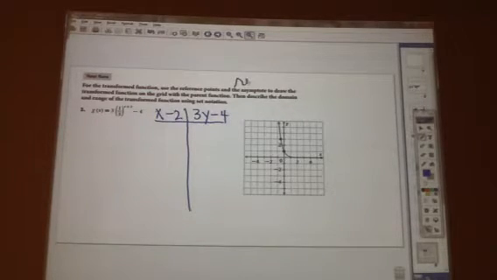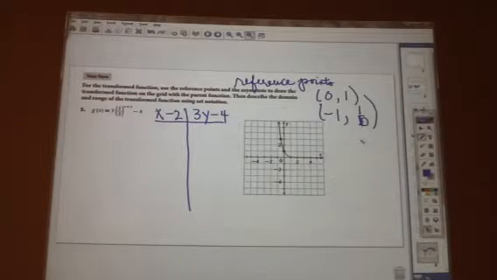Your reference points will change every time. The first reference point will not. It will be 0, 1. Your second reference point will be -1, 1 over B. That's a B. 1 over B. Which means you'll take whatever's in the parentheses, your B, and you'll just flip it over.